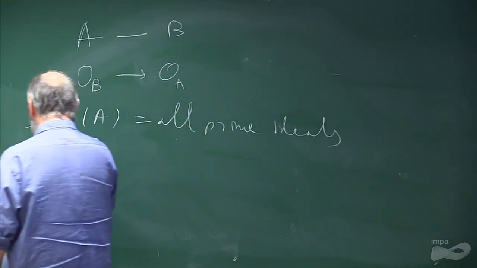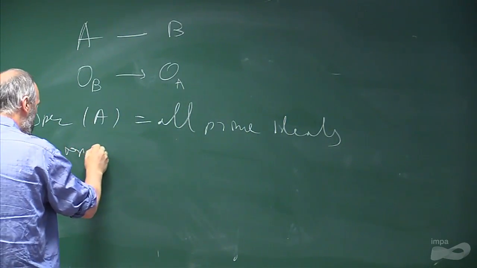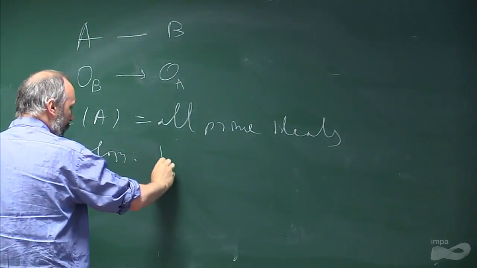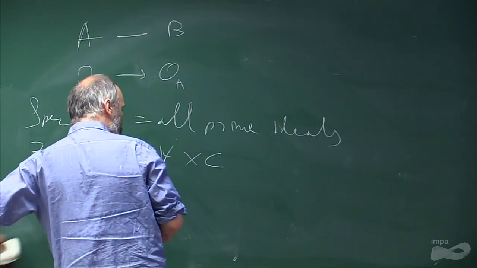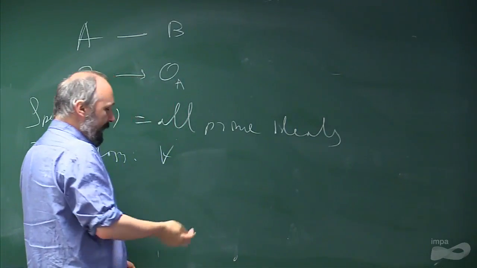And then the Zariski topology. For each x inside, well, subvarieties correspond to ideals.